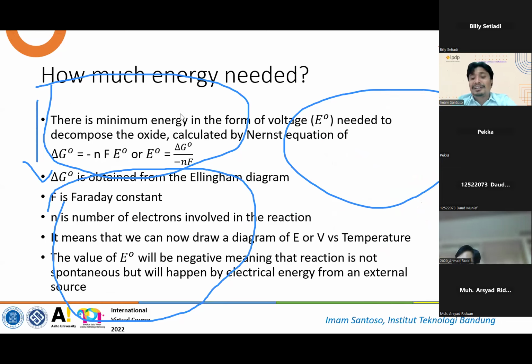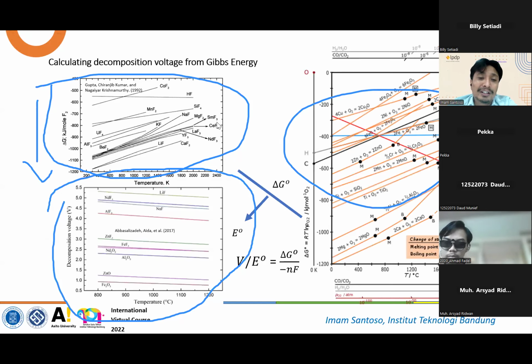Very, very simple. You just select the temperature, select the Gibbs energy, then directly divide it by the number of electrons and Faraday, and then you will have this diagram. Okay, let's now discuss the use of this diagram.